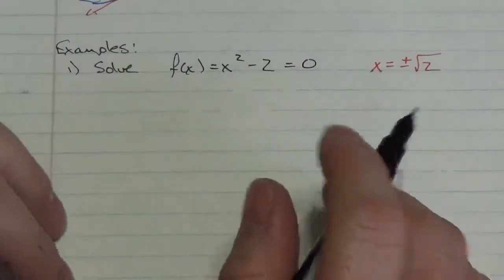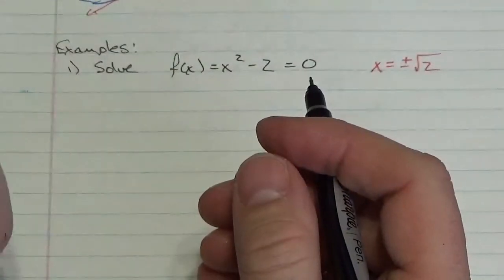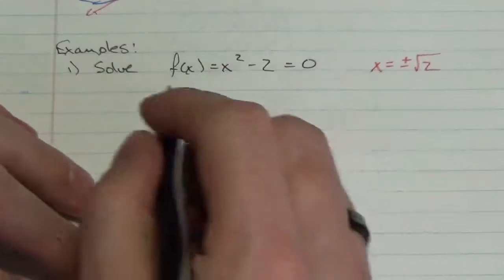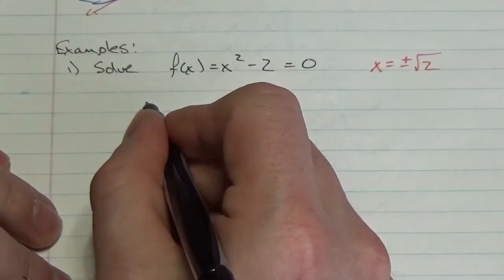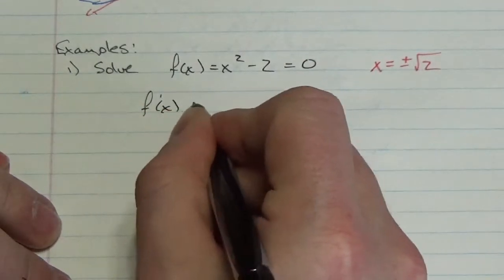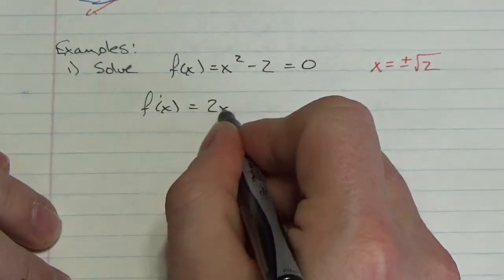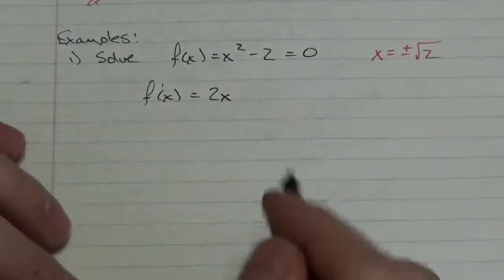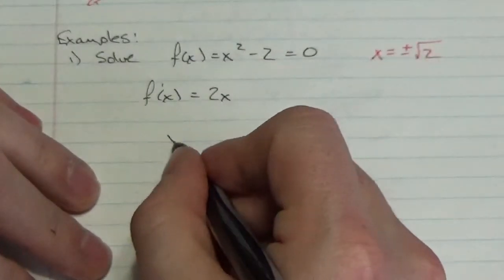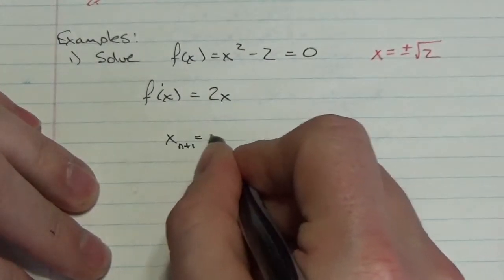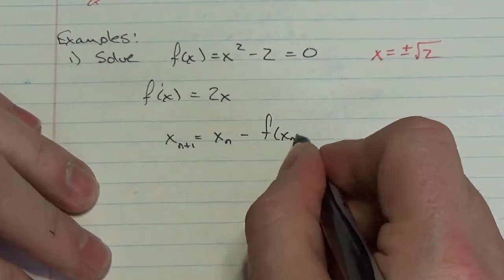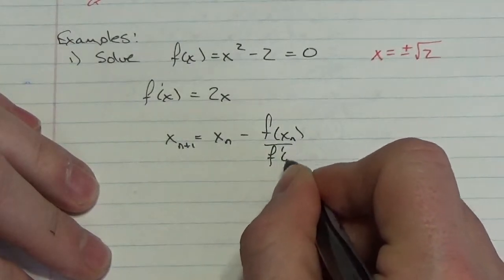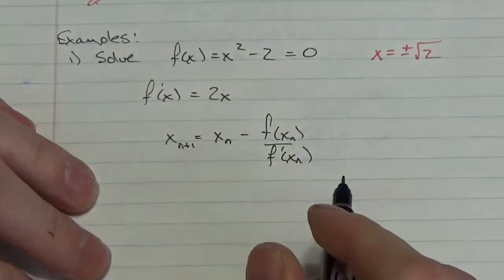So now, first of all, before I build this, I need to identify the derivative. I'm going to need that as part of my expression here. So I know that f prime of x is going to equal 2x. Newton's method says that x_{n+1} is going to equal x_n minus f of x_n over f prime of x_n.